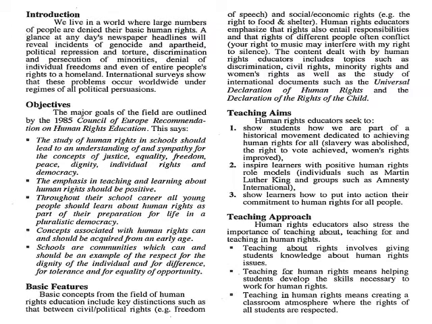Let's look at objectives. The major goals of the field of human rights education are outlined by the 1985 Council of Europe Recommendation on Human Rights Education. So this document says, first, the study of human rights in schools should lead to an understanding of and sympathy for the concepts of justice, equality, freedom, peace, dignity, individual rights, and democracy.